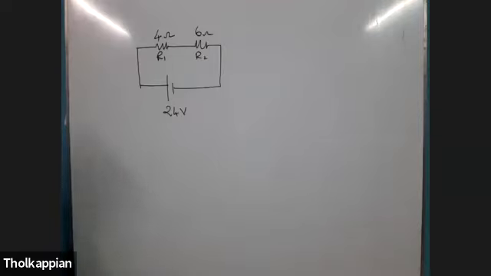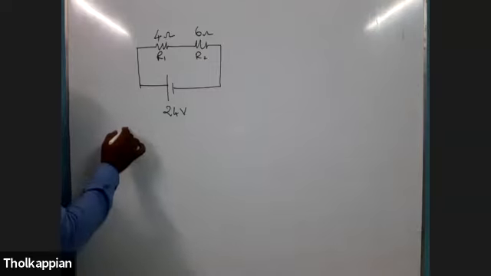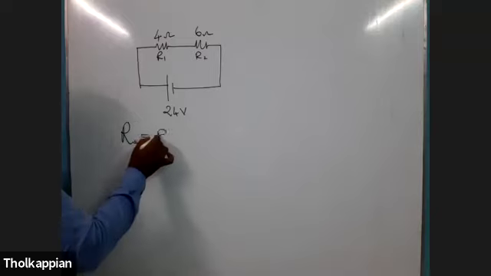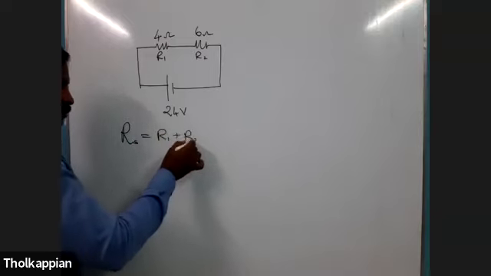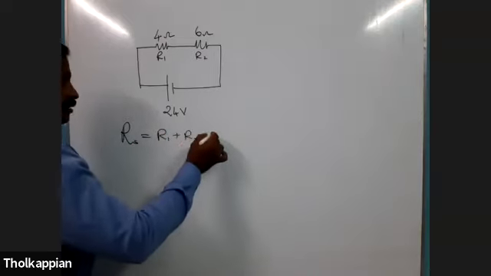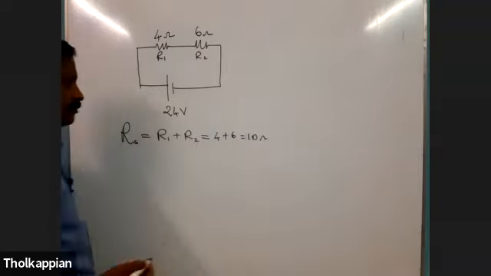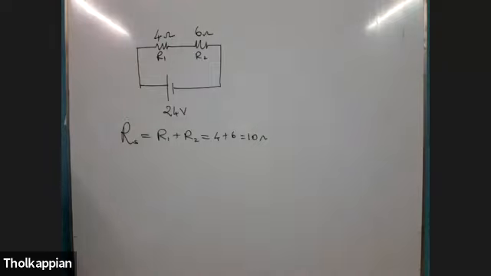What is the value of the total resistance? Total resistance in series, you know that R in series is equal to R1 plus R2, which is 4 plus 6, equal to 10 ohms. This is the total resistance. Then what is the total current?